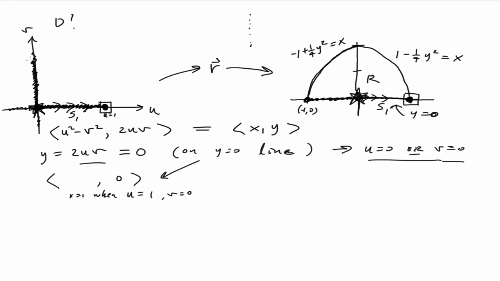If I go to this point right here at v is equal to 1, that corresponds to this point there. I'm going to give that a triangle right there. So I'm going to call that side 2.